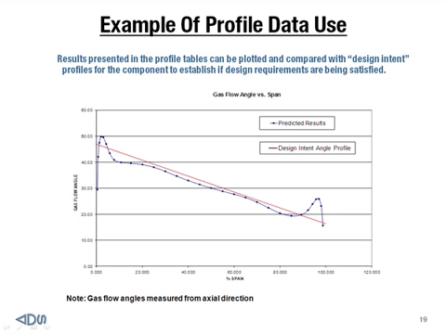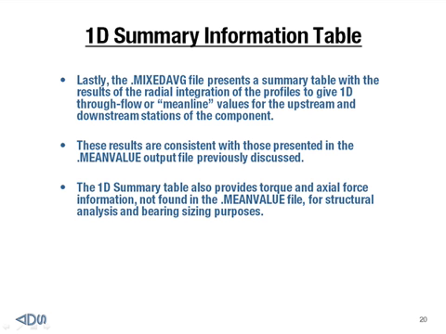They can be automated. Scripts can be written to automate this and to do it very quickly. In addition, the mixed average file provides information that goes beyond the 1D through flow information. For one, it integrates the radial profiles to give 1D through flow calculations, and this is totally consistent with the dot mean value output that was previously discussed.